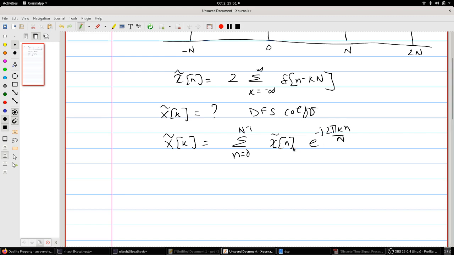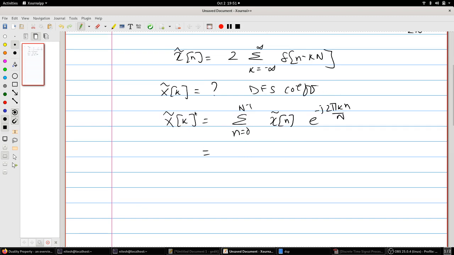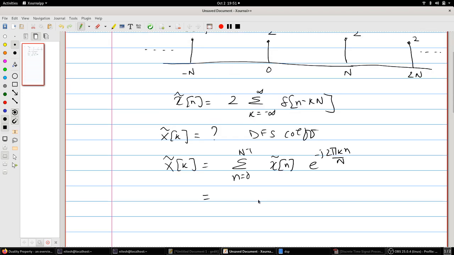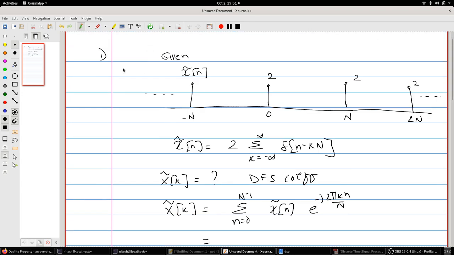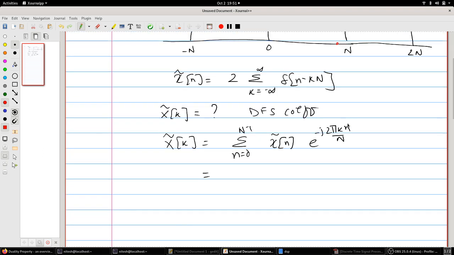Now you know that x tilde of n exists only from 0 to N minus 1 in this particular period. It exists only at n equal to 0. There is a value only at n equal to 0.